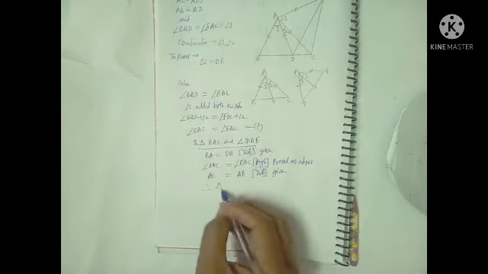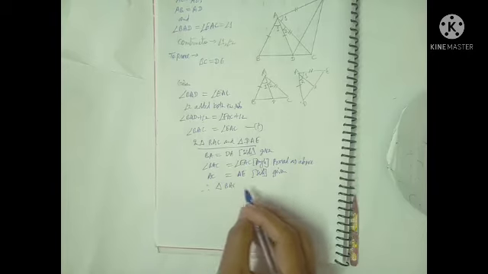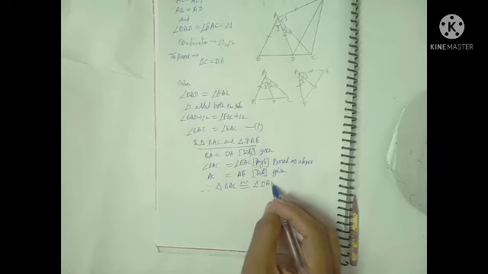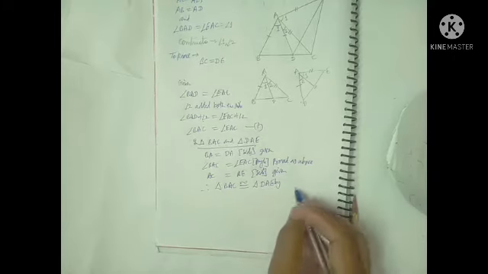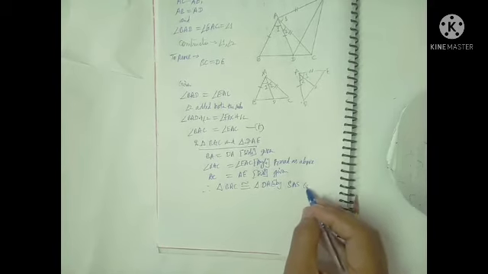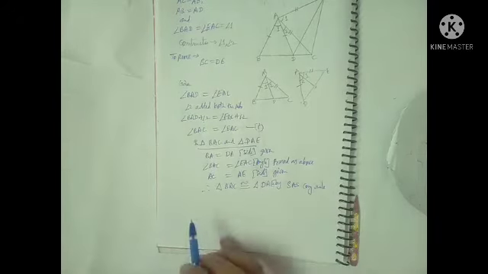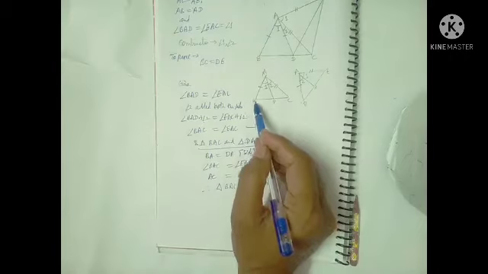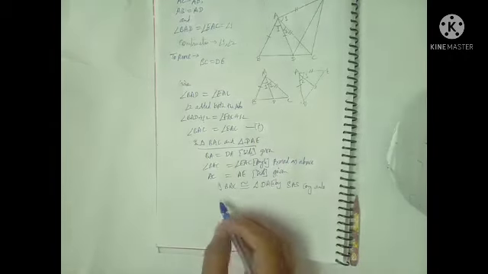Therefore, triangle BAC is congruent to triangle DAE by which rule? By SAS congruence rule. And if they are congruent, then similarly BC is equal to DE by CPCT.